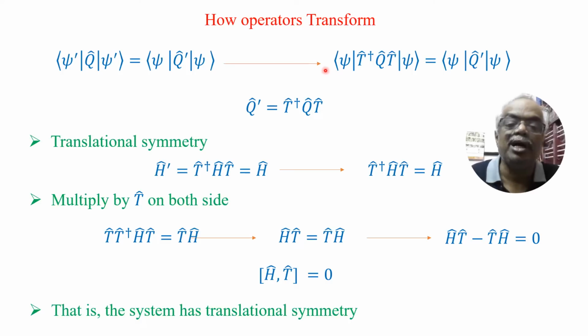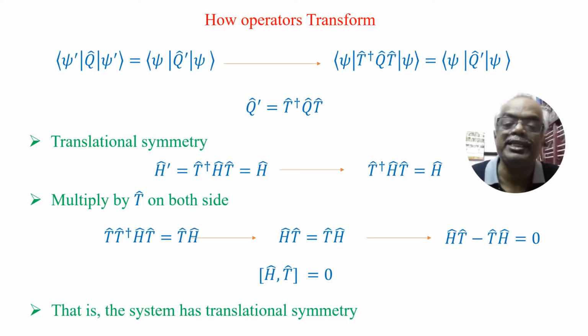That is, when T dagger acts on psi, because this translational operator is also a Hermitian operator, bra psi T dagger gives you the, T dagger psi will give you the psi prime, and similarly T which acts on the ket psi will give you the ket psi prime. So which is equal to bra psi Q prime ket psi. So that's what I have written.